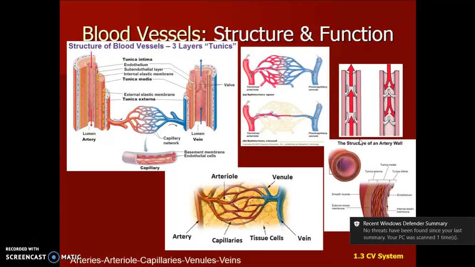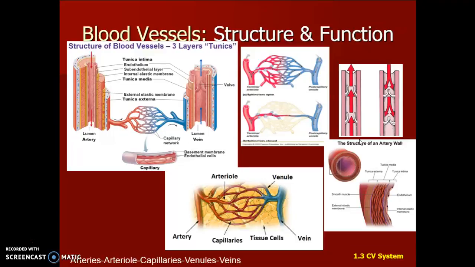The veins' walls also consist of 3 layers, but they're thinner and less elastic, as they don't need to expand because they're not under the same sort of pressure that the arteries are.